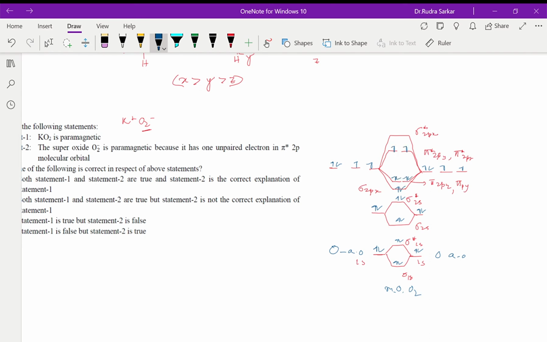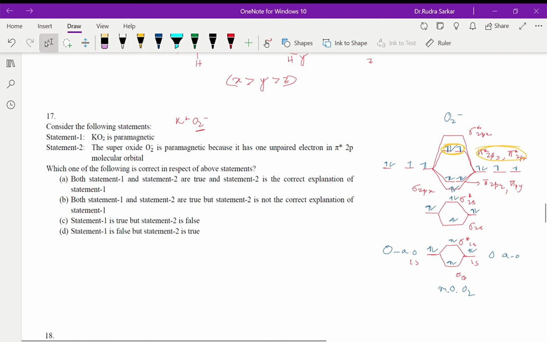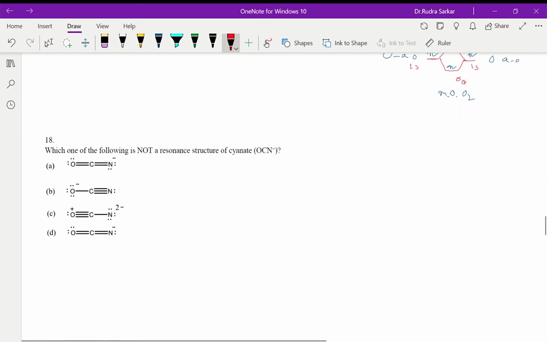So this is the molecular orbital diagram for O2. You add one electron, it becomes O2 minus, and we can see in the O2 minus, pi star is having one unpaired electron. So that statement is true. So both statements 1 and 2 are true and 2 is the correct explanation of 1. So this is going to be the right answer.